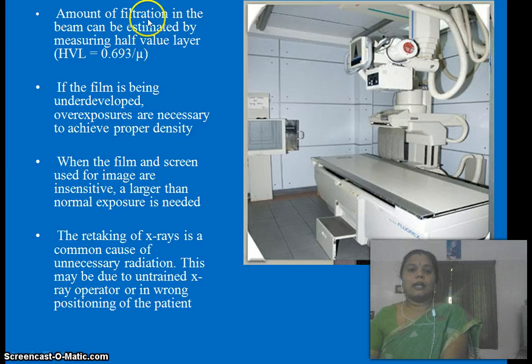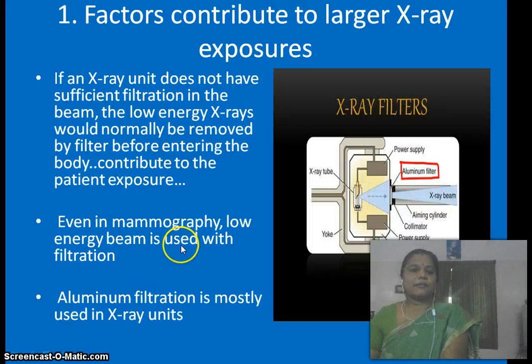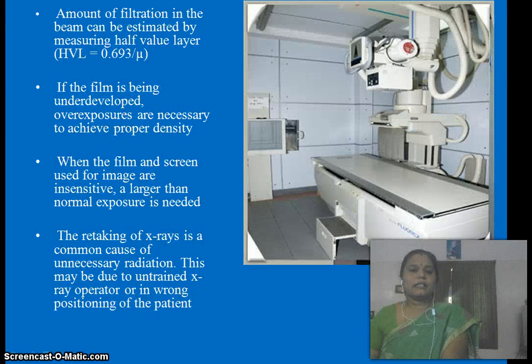This half value layer can be calculated from the linear attenuation coefficient, mu. The amount of filtration or the thickness of shielding can be calculated from the linear attenuation coefficient. So the first predominant factor is the filter. I have to make use of the aluminum filter, and this amount of filter can be calculated from the half value layer.